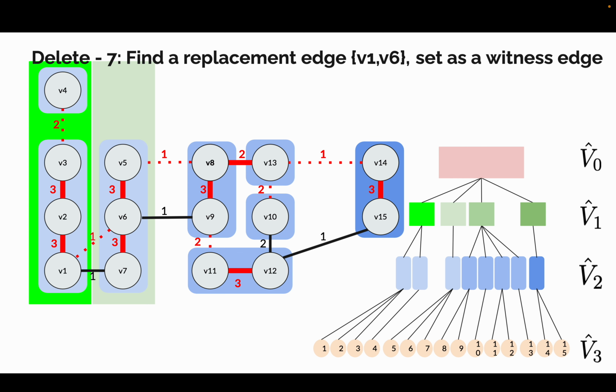And in this scenario, we can find the replacement edge 1 as a witness edge. A witness edge is basically an edge in the maximum spanning tree. But here, because we are in V1, the edge connecting two connected components is smaller than 2. It's 1. All right.